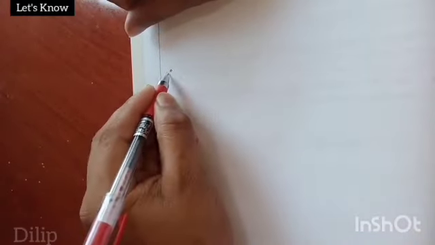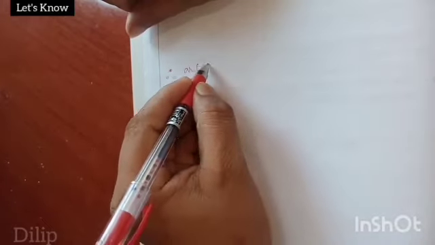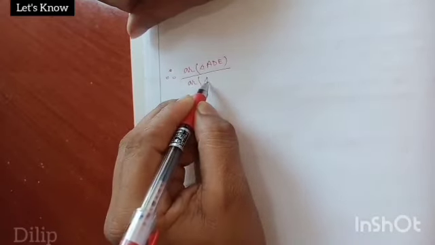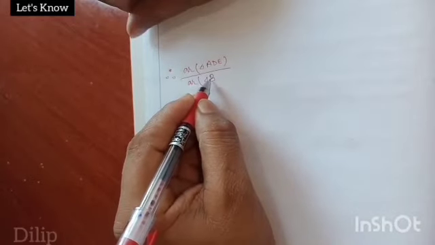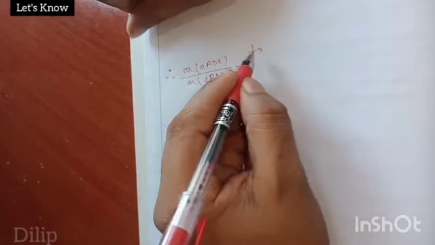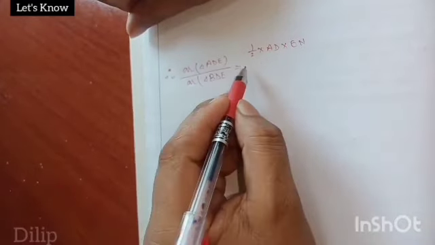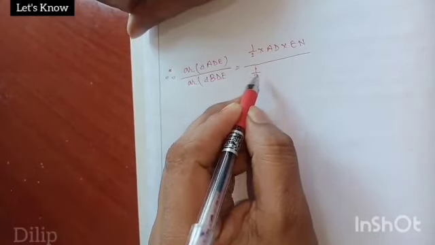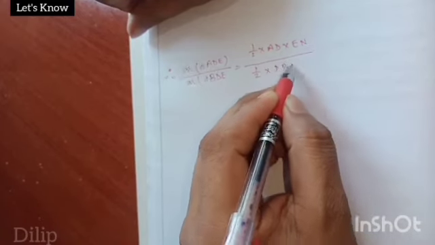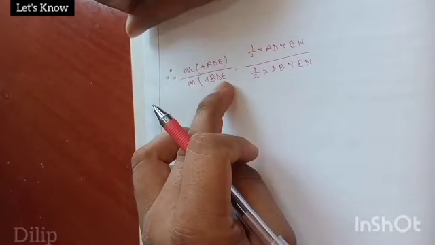Therefore, area of triangle ADE divided by area of triangle BDE is equal to 1/2 into AD into EN, the area of triangle ADE, divided by 1/2 into DB into EN, the area of triangle BDE, right?